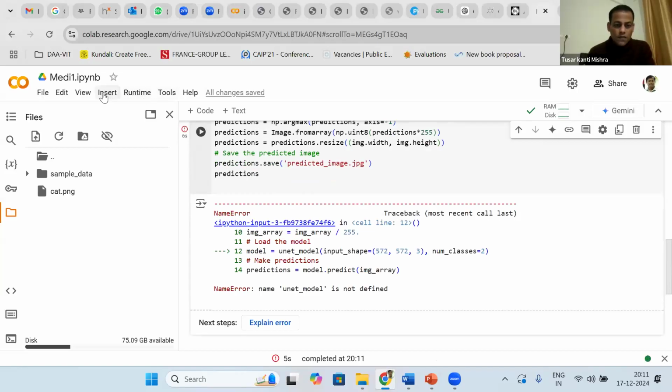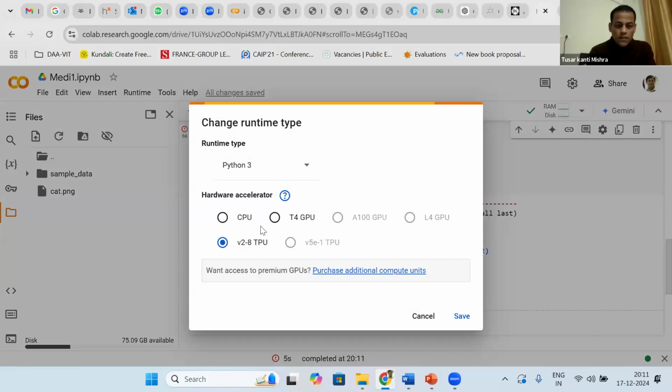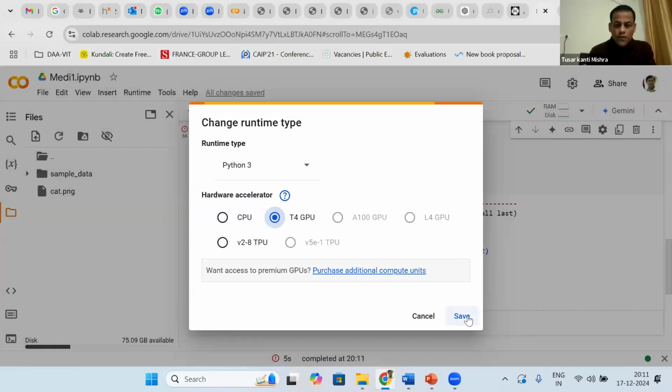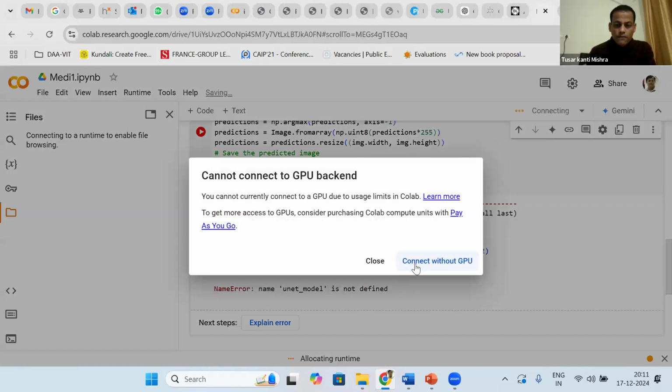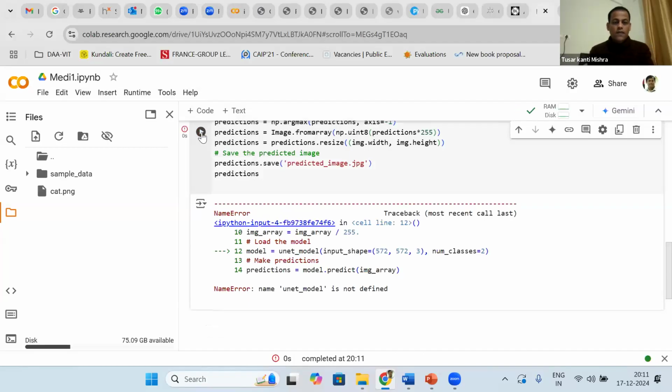Much of the time it's giving us error. This is not a logical or syntax error, rather the session errors. Let us see, we are using a T4 GPU. Just CPU is also sufficient, however, much of the time it produces such error. Okay, still error is there.